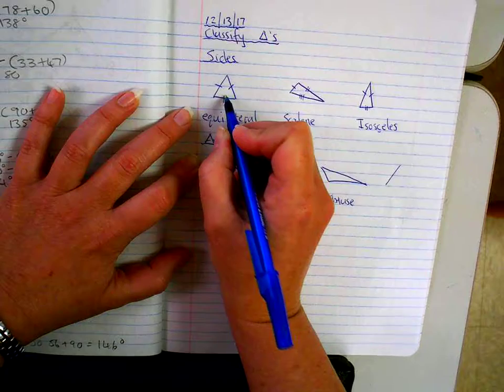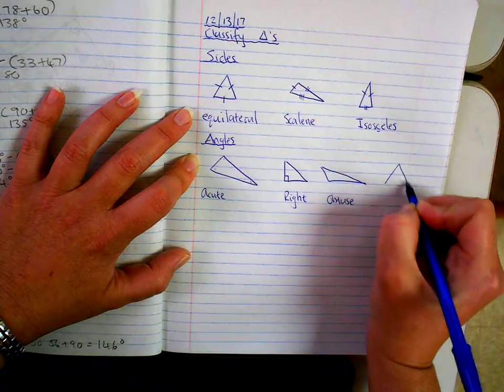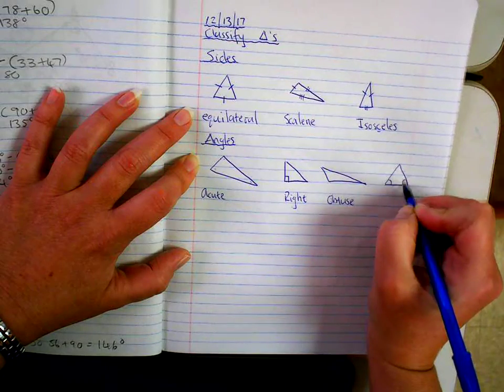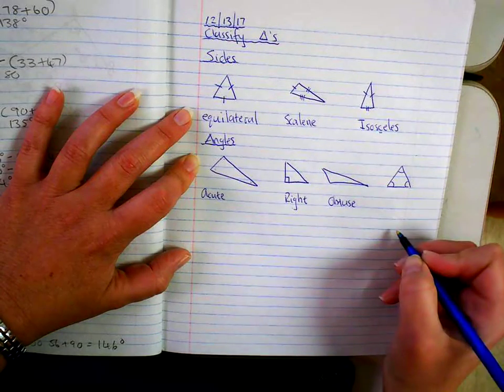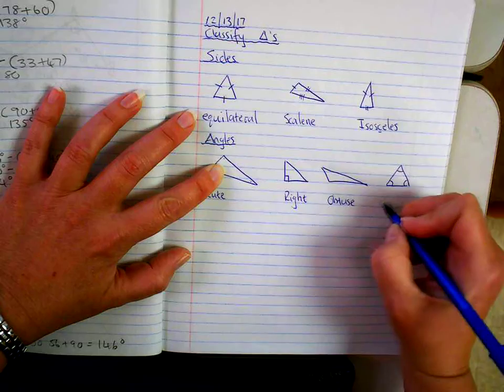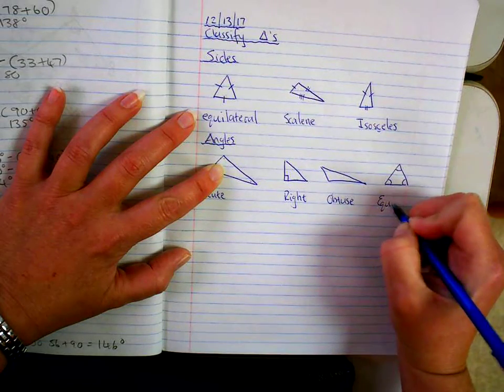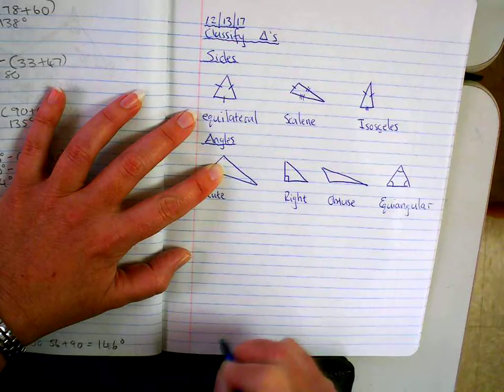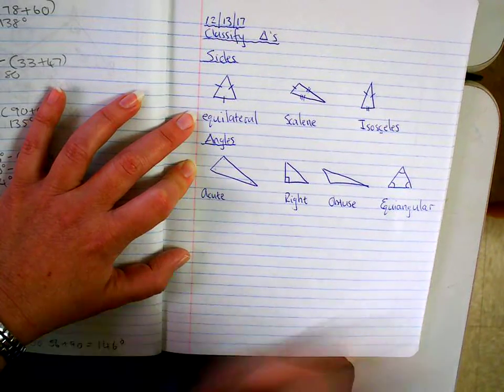Actually comes back to this one over here. Looks like this. This angle, and this angle, and this angle are all the same. It's an equiangular triangle. So let's look at what we've learned.